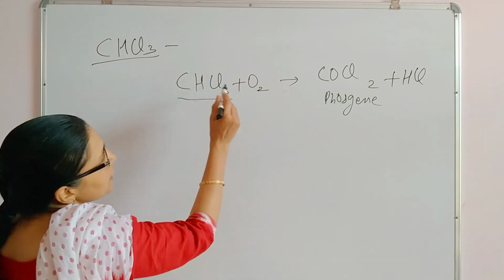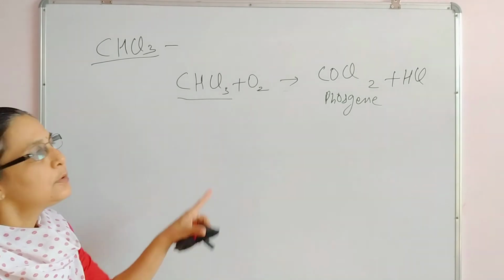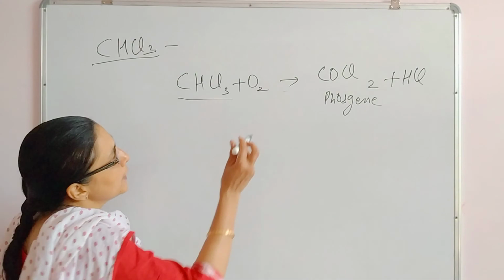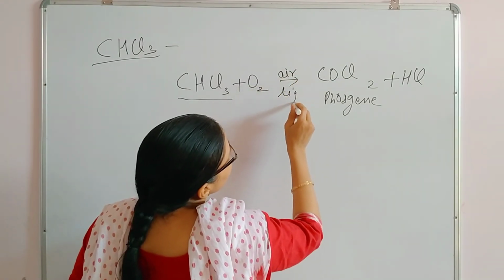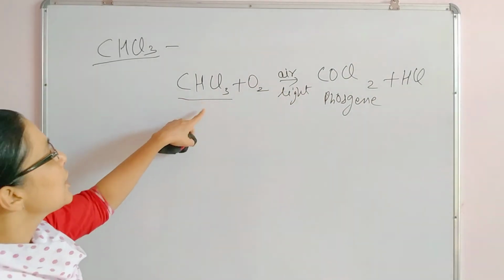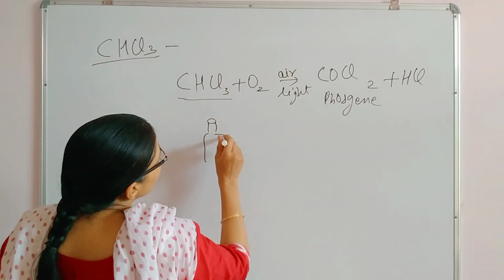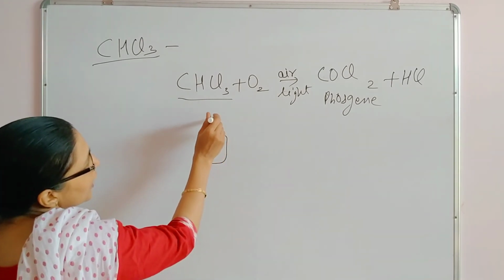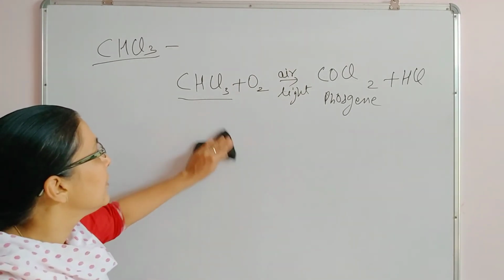That is the reason that CHCl3 is stored in brown colored bottle, not stored in transparent bottle, to prevent sunlight. This is the reaction of air and light. So light should not be available, for that purpose it is filled in a dark colored bottle, filled just till the neck. Then till the neck it is filled nearly till the rim of neck so that no oxygen will enter. So storage of chloroform becomes important.